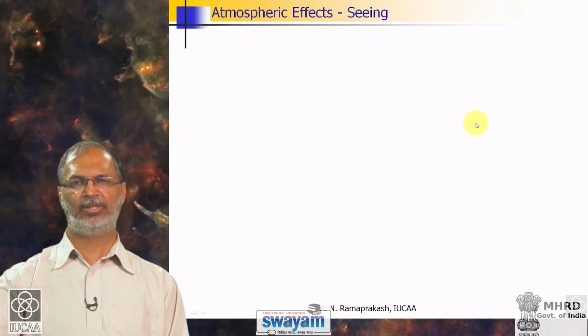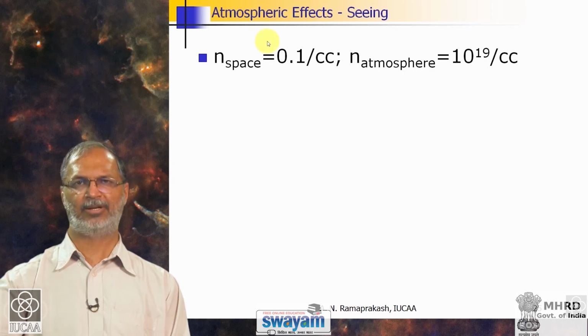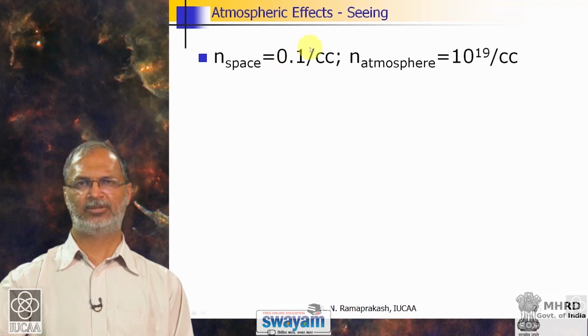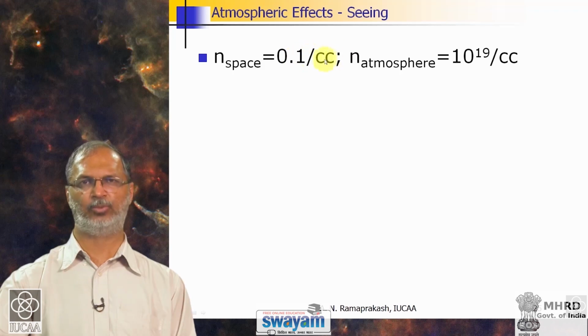Now, what we also need to realize is that as light travels from distant objects which are very far away, most of the time it is passing through practically empty space. The number of particles in space is of the order of 0.1 particle per centimeter cubed, very low density.